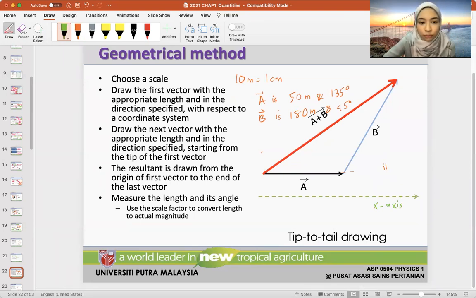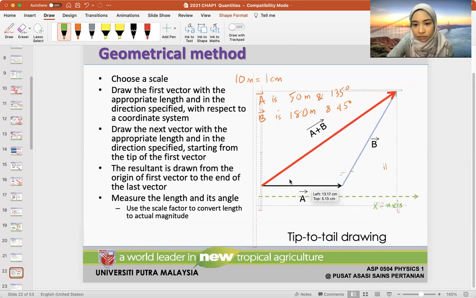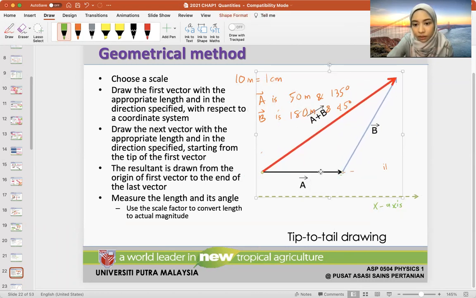So now I want to draw my A vector. So A vector, tak kisah start dari mana. Oopsie. I just want this guy. So A vector, this is 0. This is 45. This is 90. This is 135 degrees with respect to the x-axis.